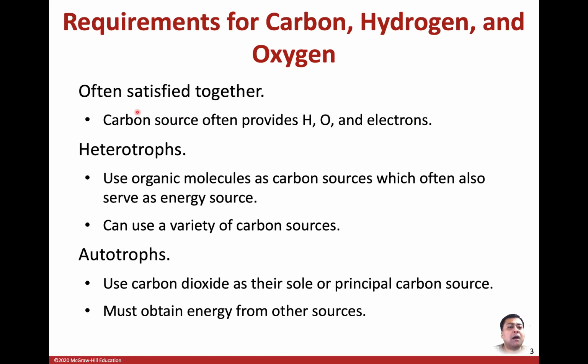For them, the carbon source could be just carbon dioxide, or it could be something else like a complex material. And from them, they can extract the electrons, hydrogen, and oxygen, all of these requirements, to make the molecules usable for energy production, by the reaction of a chemical which will be an electron donor, or from a source which is light.